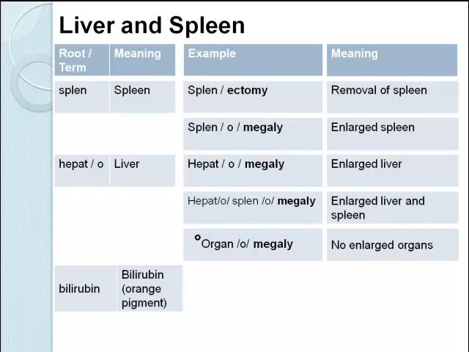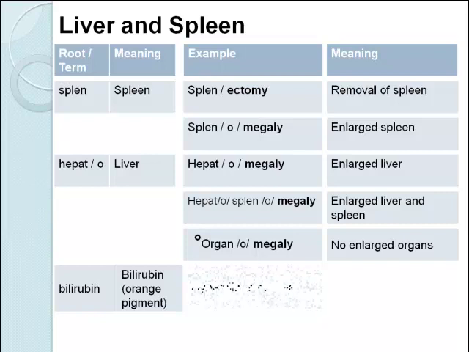And one of the pieces of the red blood cell that's recycled is a substance called bilirubin. So the spleen removes the bilirubin from the red blood cells and sends it off into the blood where it gets carted off to the liver. The liver then processes the bilirubin and it gets turned into bile. And bile is then stored in the gallbladder.